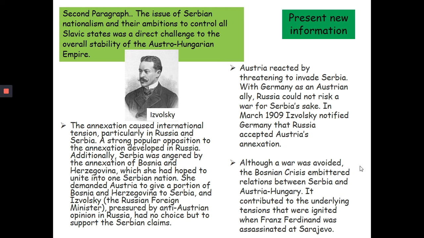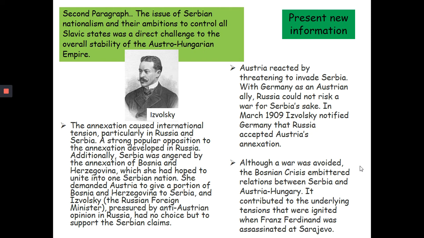Now, the annexation caused international tension, particularly in Russia and Serbia. A strong popular opposition to the annexation developed in Russia. Additionally, Serbia was angered by the annexation of Bosnia and Herzegovina, which she had hoped to unite into one Serbian nation. After all, Serbia was on their doorstep.